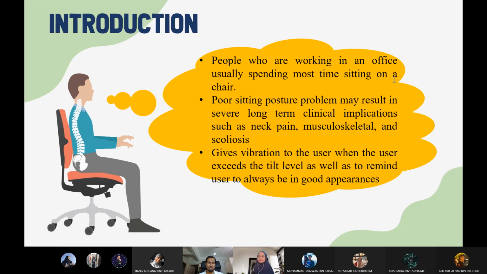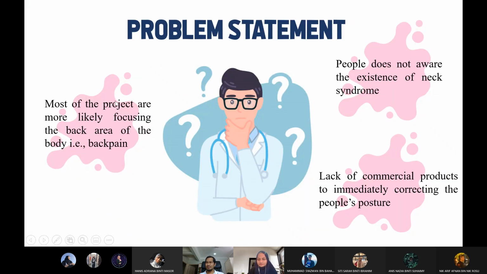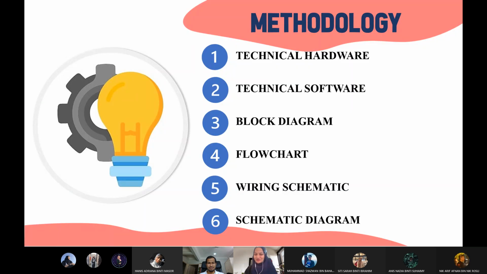Because you wrote in your introduction that your design fits some problems like scoliosis and back pain. But my limitation for this project is only the neck area, which is tight neck syndrome.